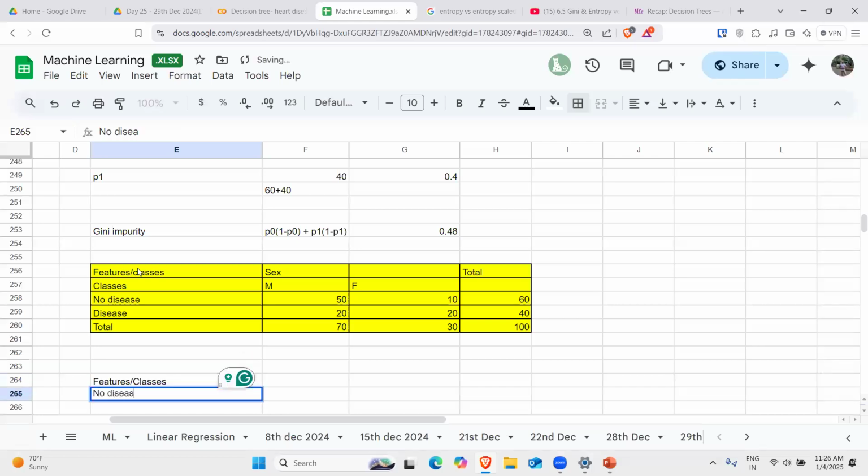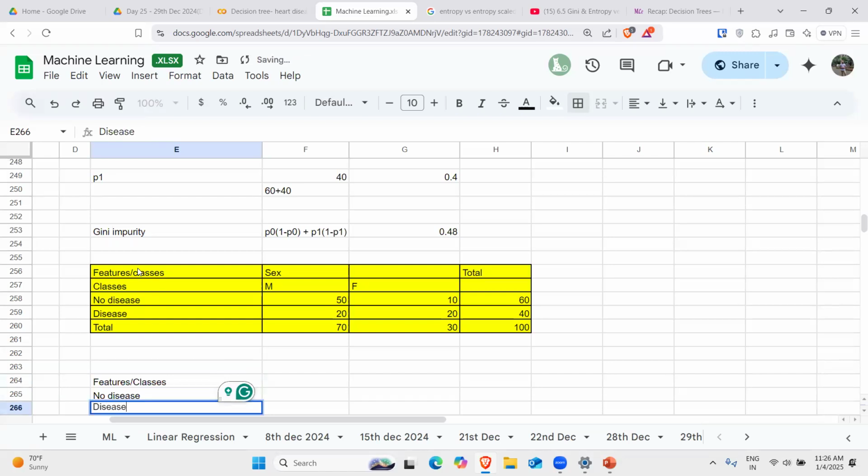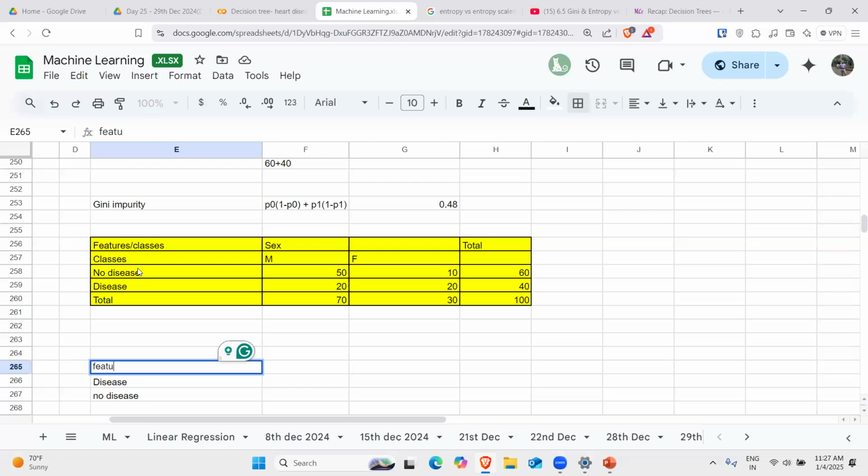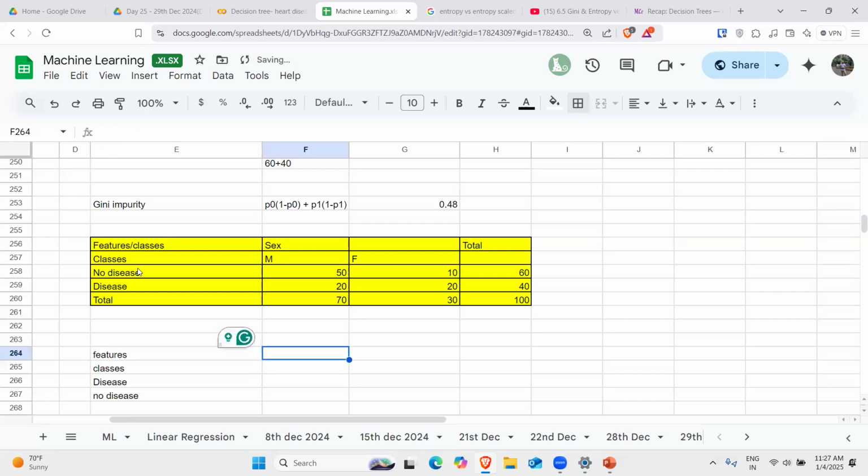We have disease and no disease as the classes, and the features over here.